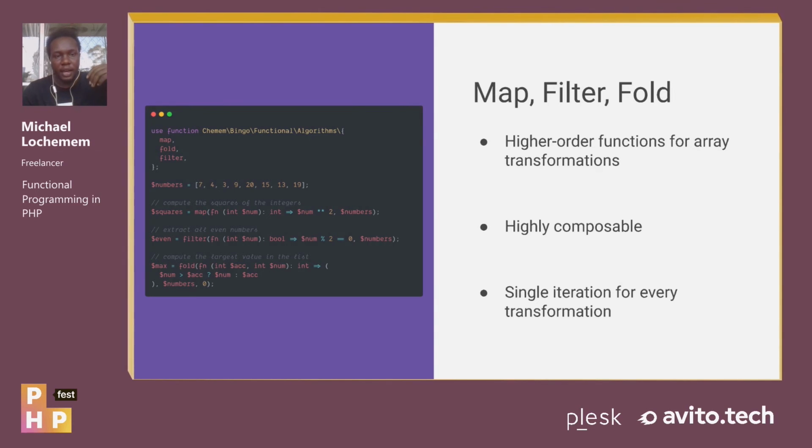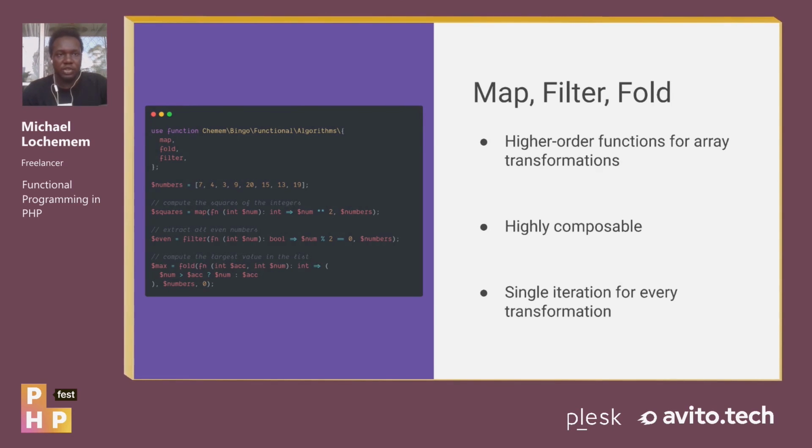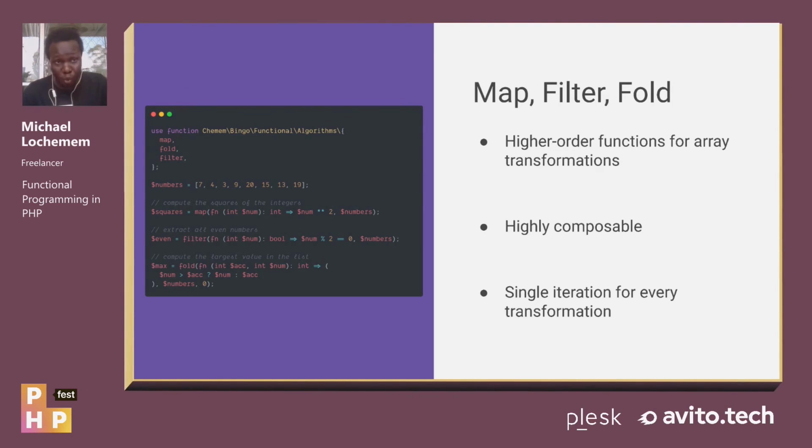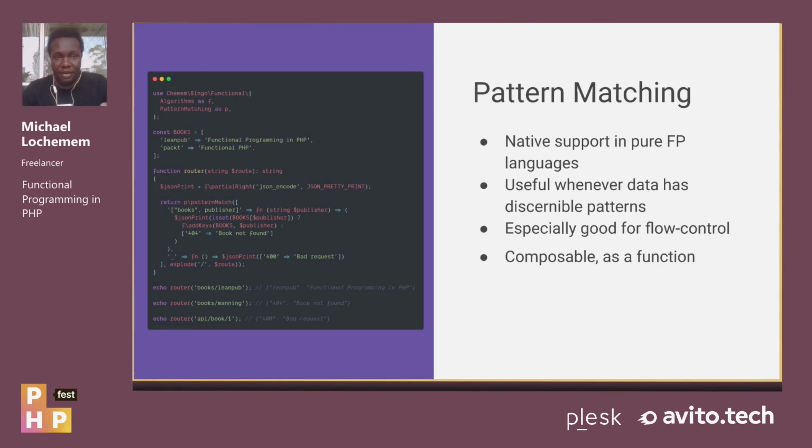And then fold basically allows you to flatten your list into a single value. So these are all really good functions for list operations, and they happen in a single iteration. So you shouldn't worry yourself about performance. This all happens in one single iteration. These are highly composable too. So yeah, that's another perk.